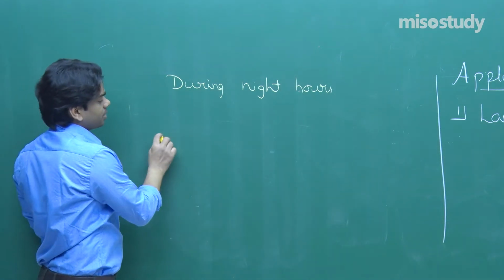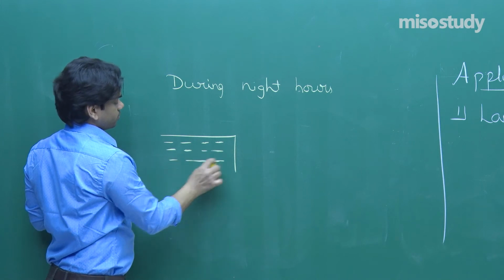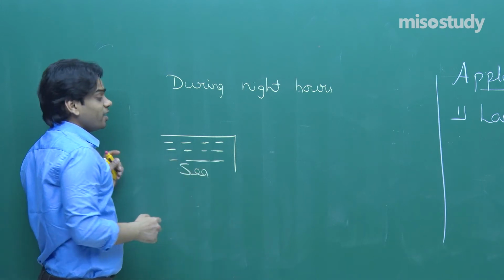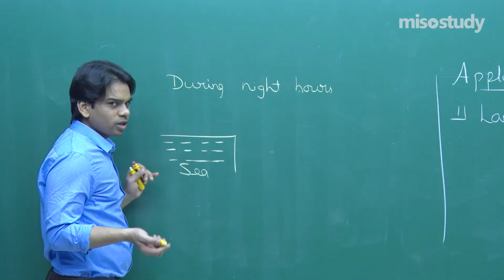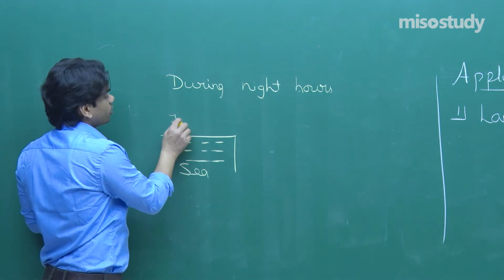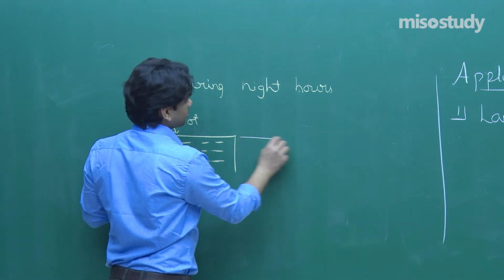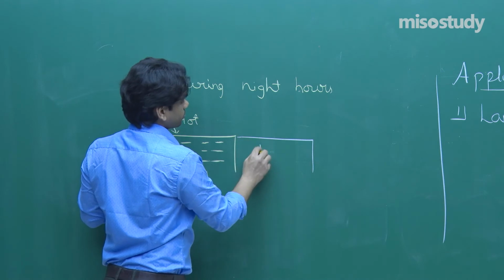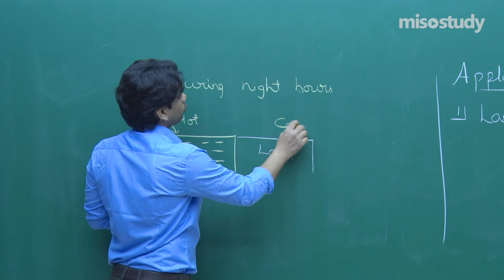Suppose this is the sea. Even the sea doesn't get cooled quickly. If it doesn't get heated up quickly, it will not get cooled quickly. So this will remain hot, and the land part that we are observing will cool down very quickly.